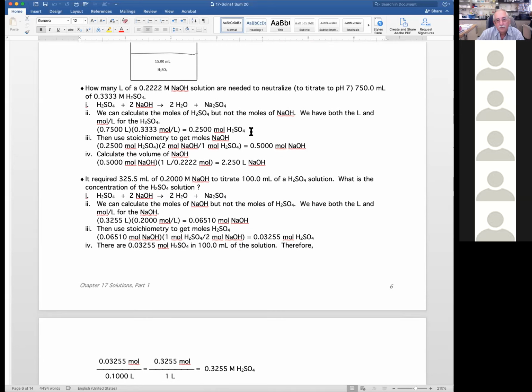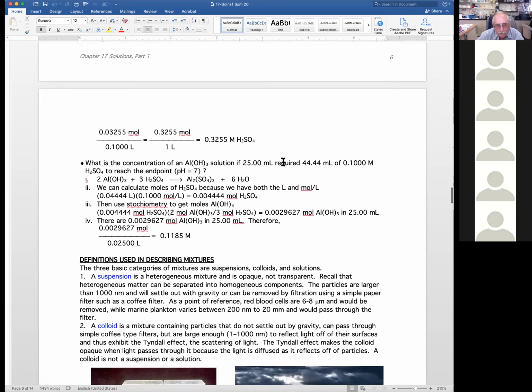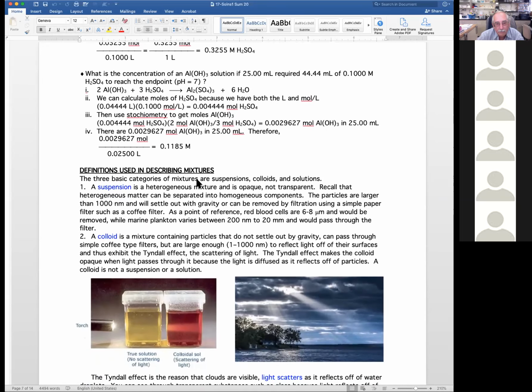Then I used stoichiometry to convert that into moles of the base. To calculate the volume, I got that many moles of base that I need. It's in a solution that's 0.2 moles per liter, so that gives me that many liters. Okay. So here's another couple over here. This one has a slightly different stoichiometry, but it's all the same type of thing.